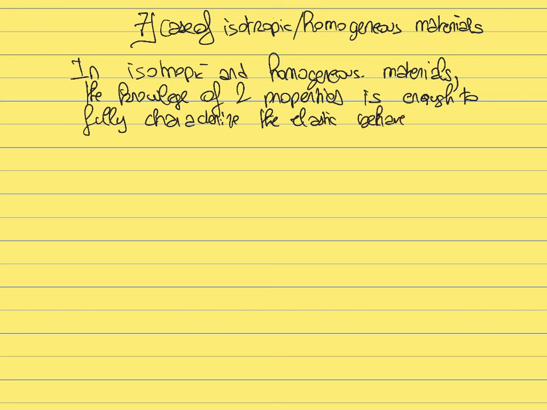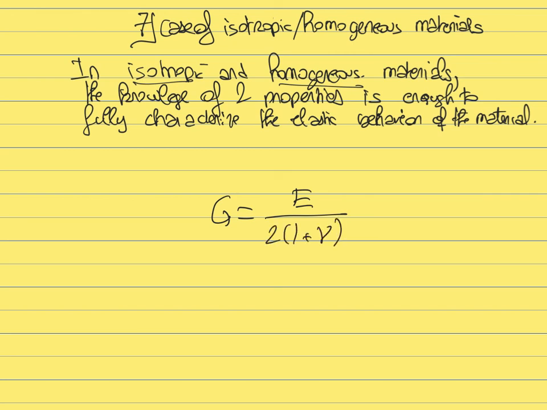So what does it mean? It means that if you know two of those elastic constants, so let's say again the Young's modulus and the Poisson's ratio, then you can calculate the remaining one. You can calculate the shear modulus. And in this case, the general relationship, again, that is only valid for isotropic homogeneous material, is that the shear modulus G is equal to the Young's modulus divided by 2 times (1 plus nu).